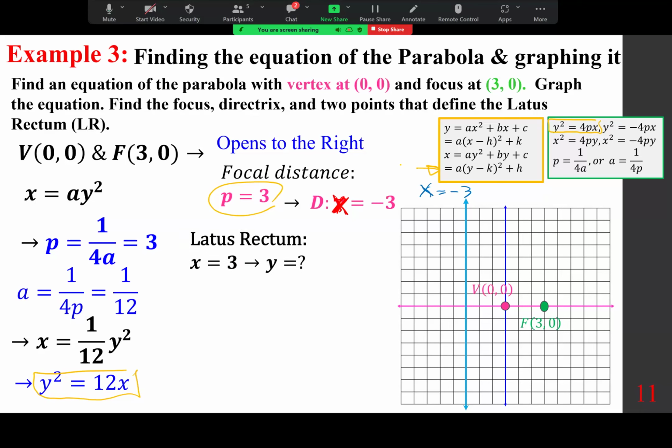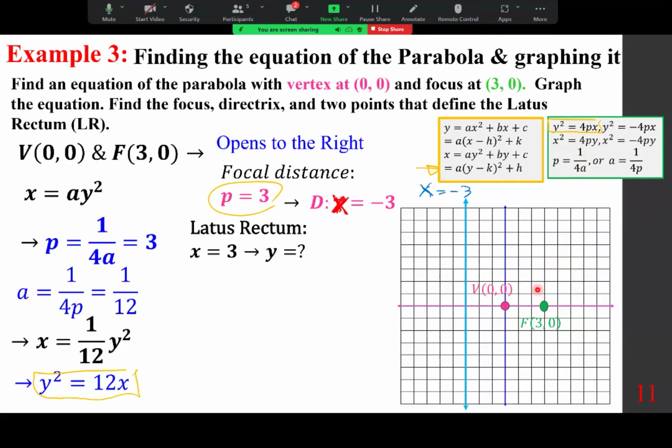Now for the latus rectum. Remember, the latus rectum is somewhere here. If the focus has coordinates 3, 0, the endpoints are somewhere there, and we don't know the coordinates. We do know, however, it has to have an x coordinate the same as the focus.